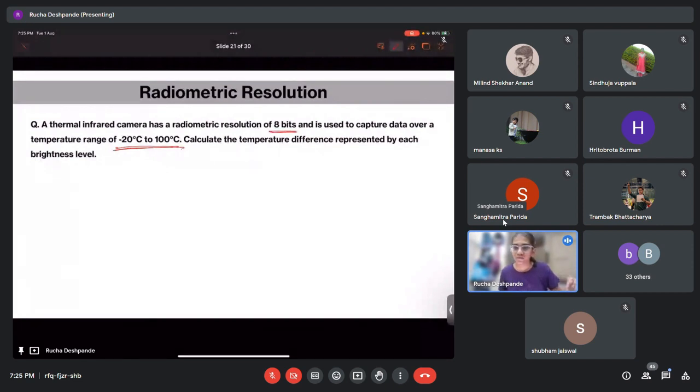Povehi 0.468 degree per pixel. Anyone else? Yes, ma'am, 0.46875 degree per pixel. Others?